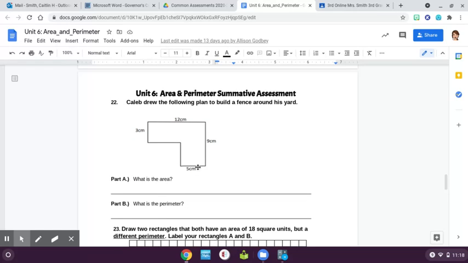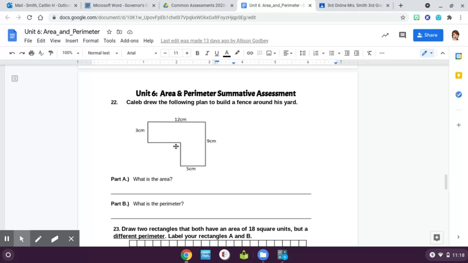For perimeter, you're going to simply add up all of the sides. You do have two sides here that don't have measurements, so you're going to have to figure out what those missing sides are. So if I'm trying to find this missing side right here, I know that it's 12 all the way across, and I know this one is 5. So 12 minus 5 is going to give me this missing length.